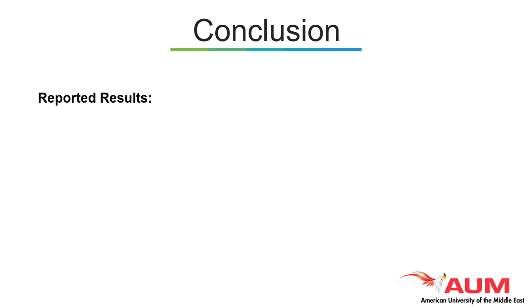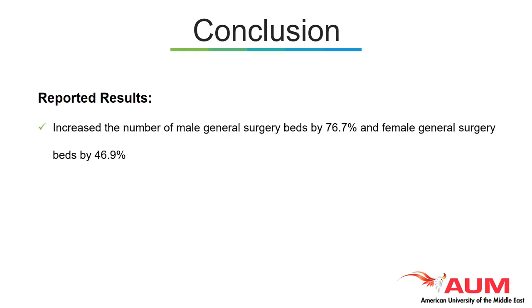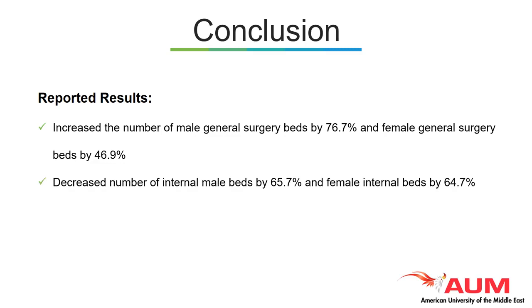As a result, the most important change that has been solved is that we increased the number of male general surgery beds by 76.7% and female general surgery beds by 46.9%. Also decreased the number of internal male beds by 65.7% and female internal beds by 64.7%.